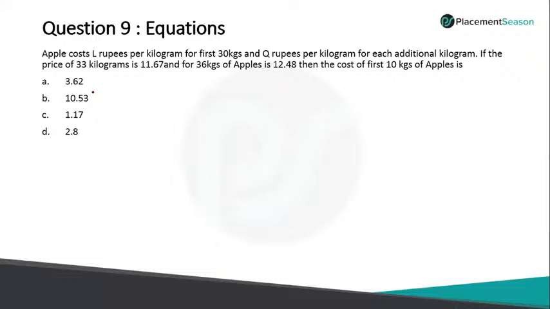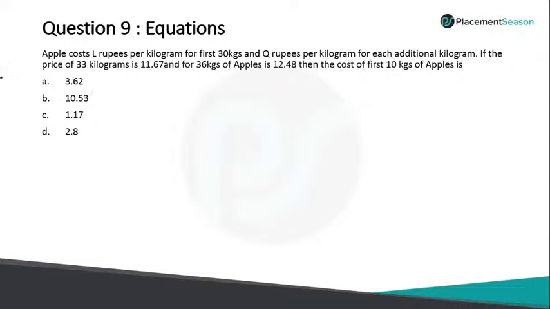So up to 30 kgs, it should be L rupees per kg. Post means after, if it is exceeding 30 kg, it will be Q rupees. If the price of 33 kilograms is given 11.67 rupees, and for 36 kilos is given 12.48, the cost of first 10 kgs of apple they are asking for.